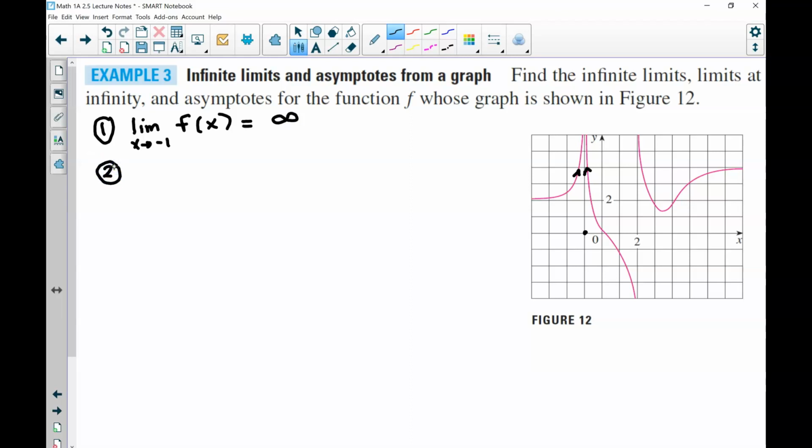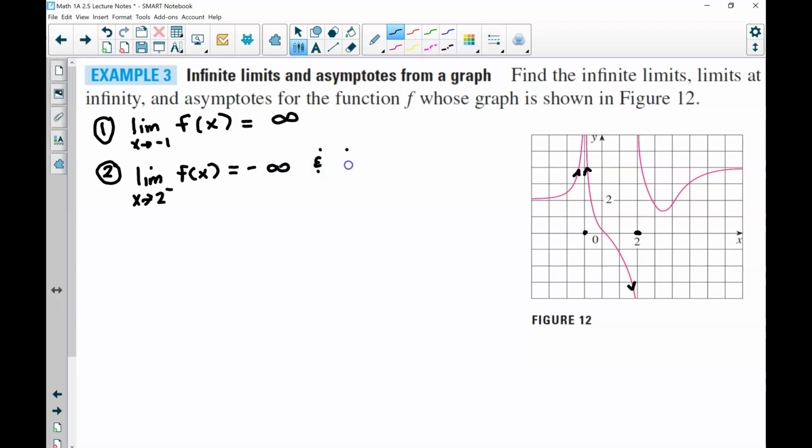Okay, now let's see what happens when x is approaching 2 from the left and from the right. As the limit as x is approaching 2 from the left of this function, we can see that it's going towards negative infinity.